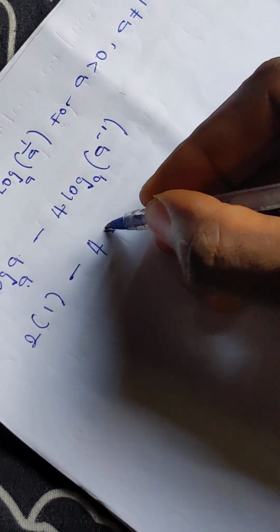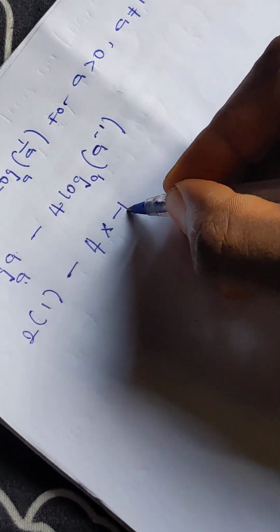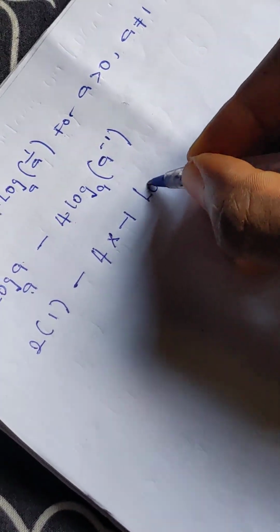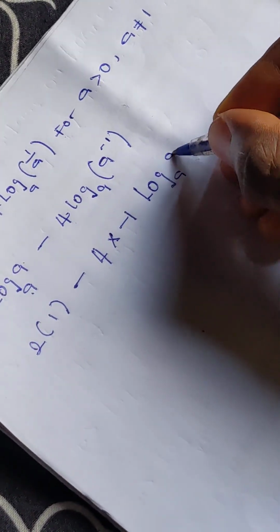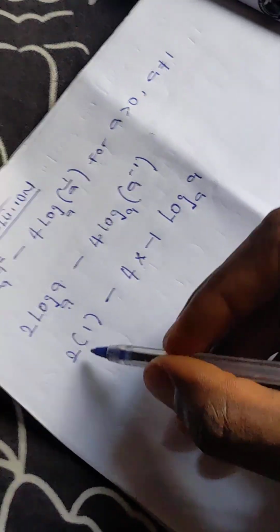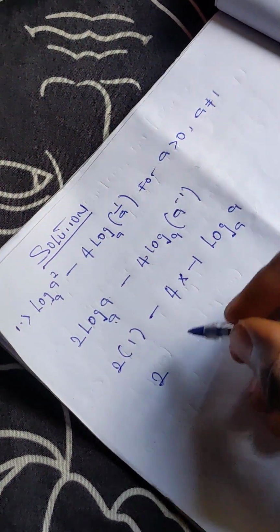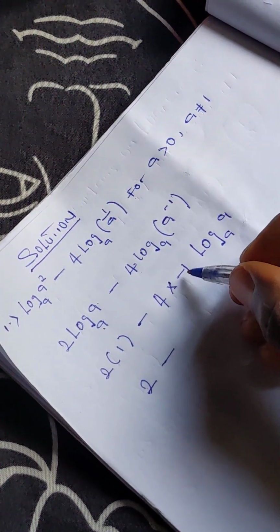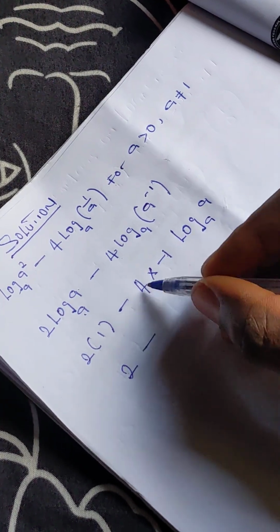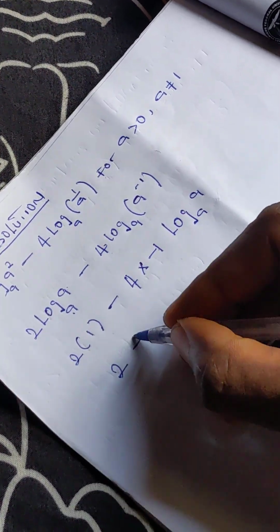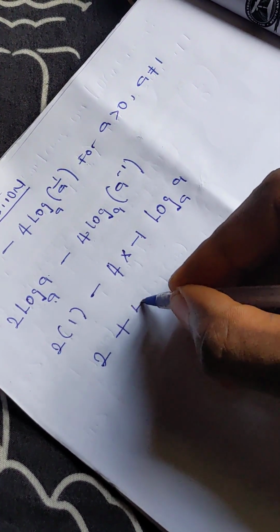So this will be times minus 1. Then you now have log A remaining. So now 2 times 1, you have 2 minus. This is a minus 1 times minus 4. That will give us plus. I will have plus 4.